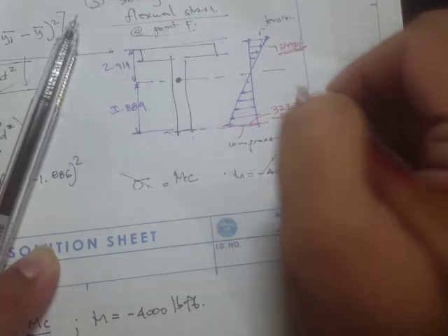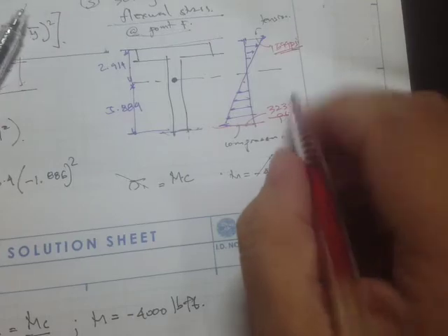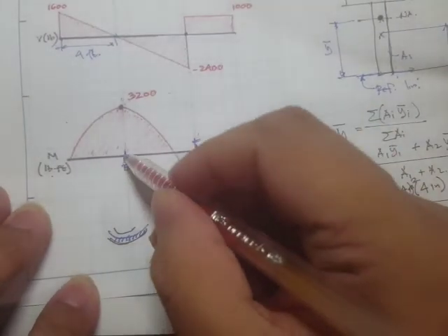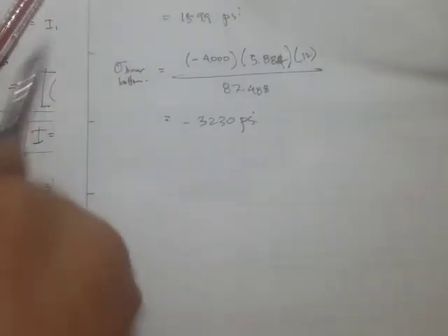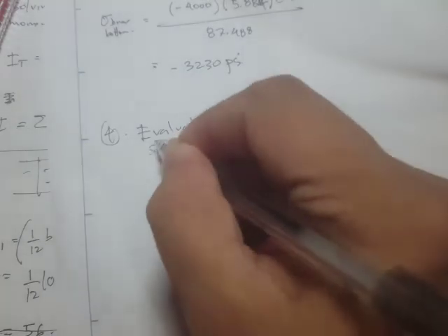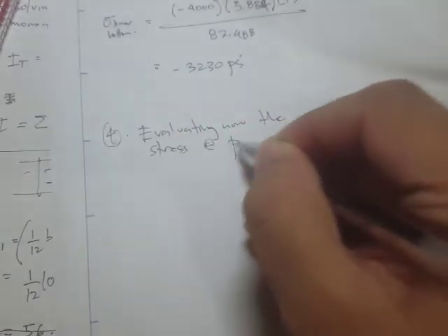However, this magnitude for the bending stress is only true for point F. At this point, now we are going to check the value of the stress at point E. Evaluating now the stresses at point E.